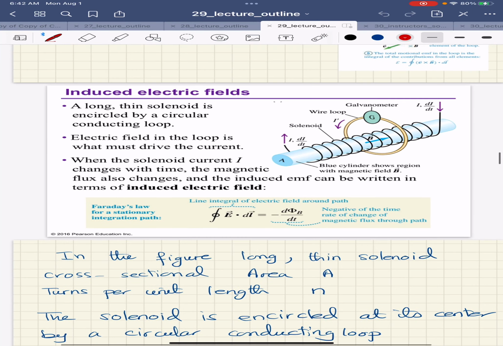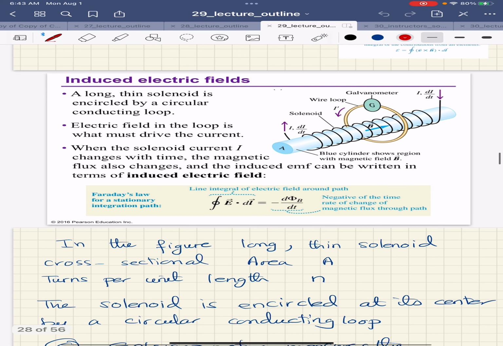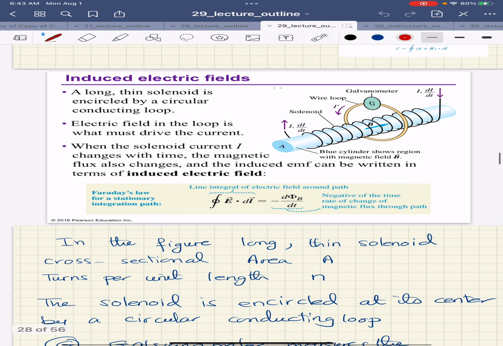Now the next topic is induced electric fields. In this figure we have a long thin solenoid that is encircled by another circular conducting loop. The solenoid has a cross-sectional area A and n turns per unit length.